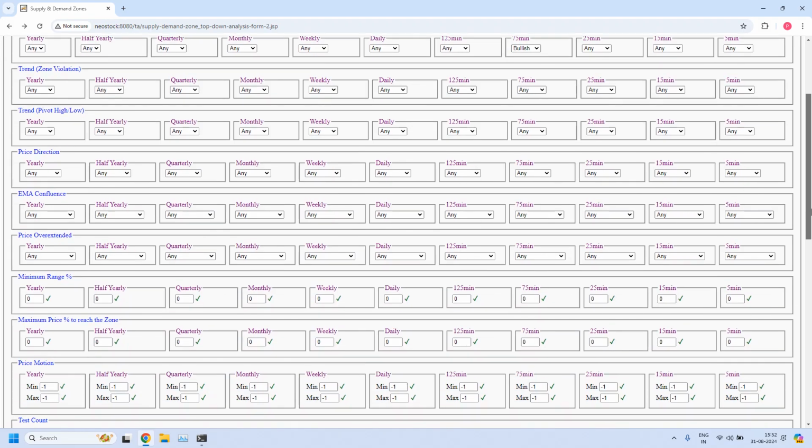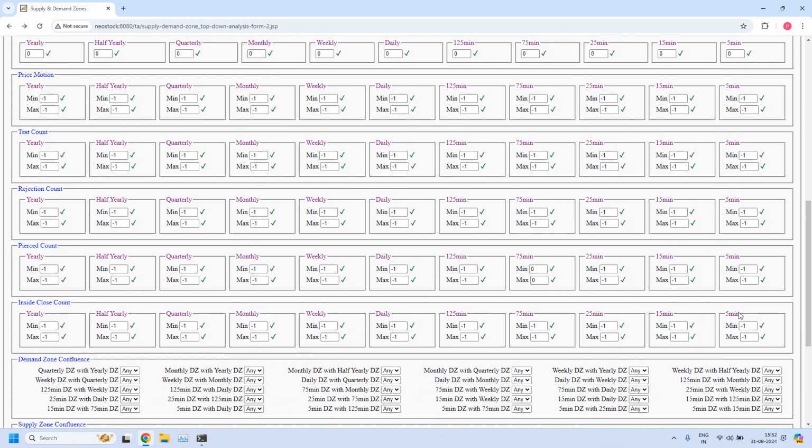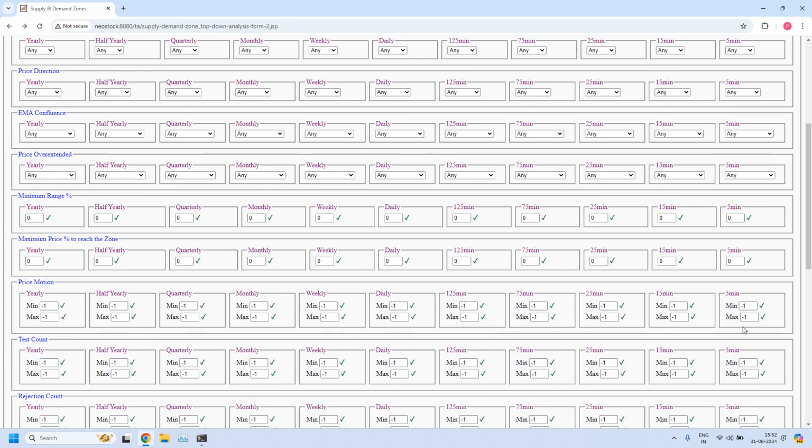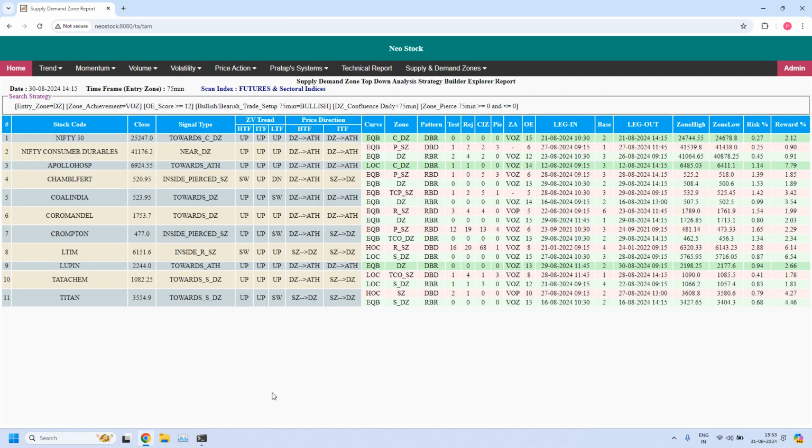So in the demand zone confluence, the 75 minutes demand zone with daily demand zone, that is LTF and ITF zone confluence, is enabled. Now let's filter. 11 stocks are filtered. From 19, 11 stocks are supporting a bullish trade setup for weekly income trade.